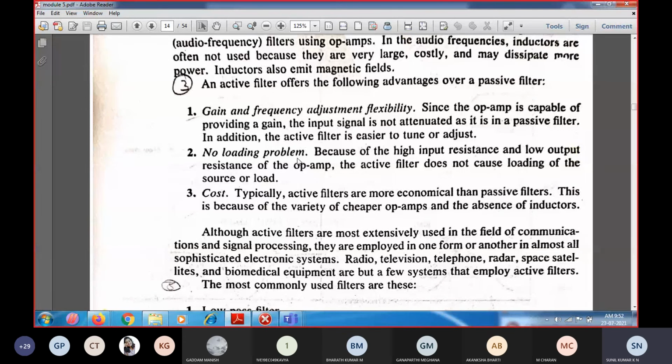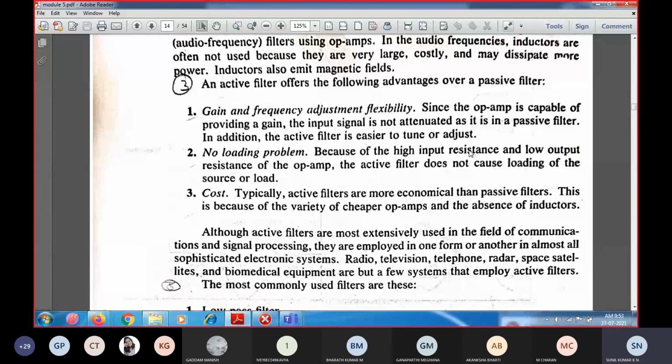Since an op amp or a transistor is used, you have high input resistance as well as low output resistance. Whenever you connect from a high impedance source to a low impedance load, the active filter does not cause any load on the source side or the load side.